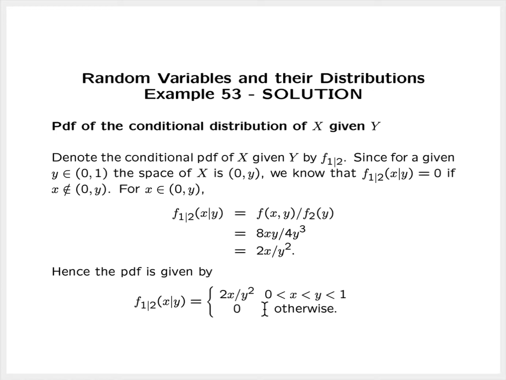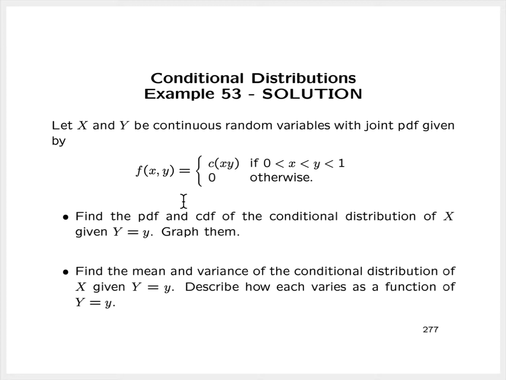Okay, so let's see how to do this. We'll first find the PDF of the conditional distribution of x given y. We will denote the conditional PDF in the usual way. And we have to be careful here, because remember, we've got this constraint relating x and y.